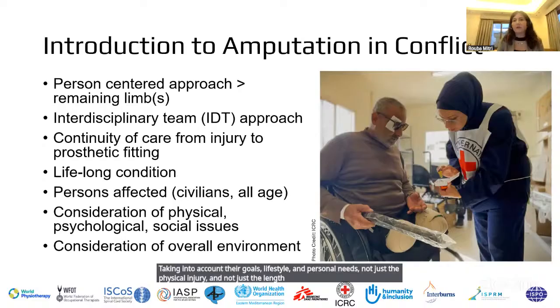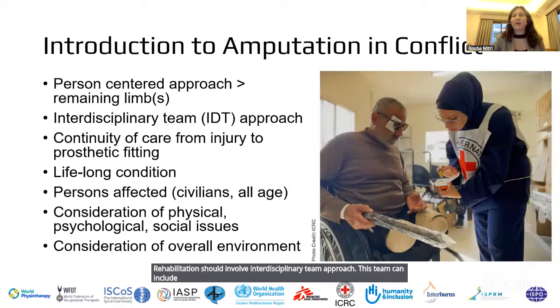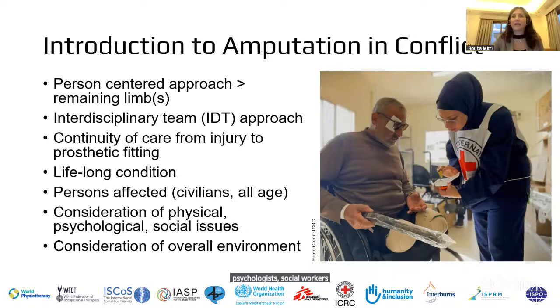Second, rehabilitation should involve an interdisciplinary team approach. This team can include doctors, physiotherapists, prosthetists, psychologists, social workers, all working together to provide comprehensive care.